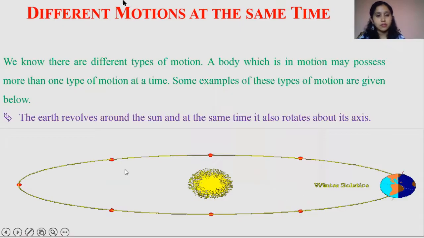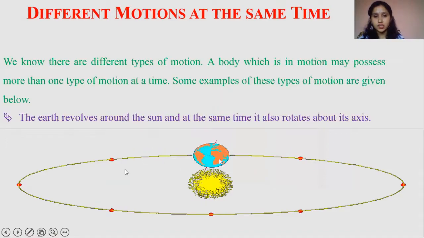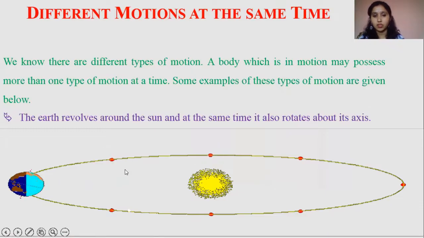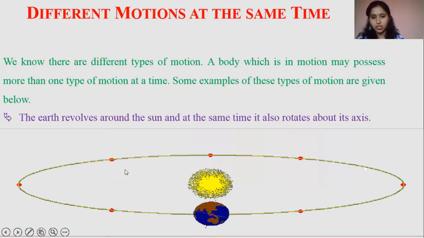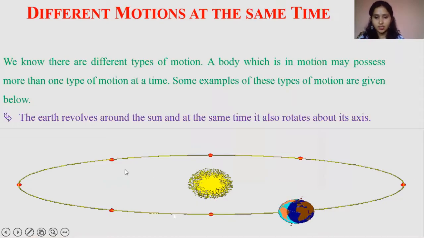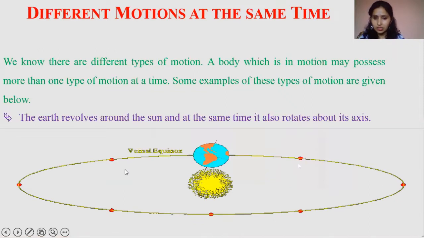The earth revolves around the sun, and at the same time it also rotates about its axis. When the earth rotates on its own axis, it has rotatory motion, and when it revolves around the sun, it has circular motion, because the path covered by the earth during revolution is circular. The earth rotates once every 24 hours and revolves around the sun once every 365 days, or 1 year.